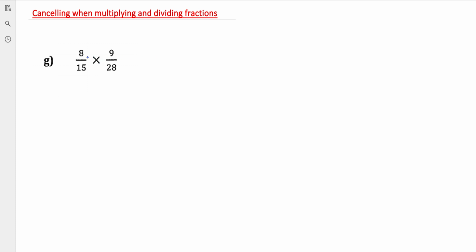The way most of you solve these is that you say, okay, I know that 8/15 times 9 over 28 is equal to 8 times 9 over 15 times 28. And look at this operation that I have to do.